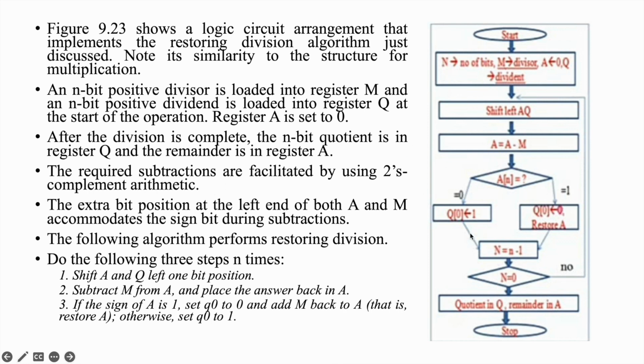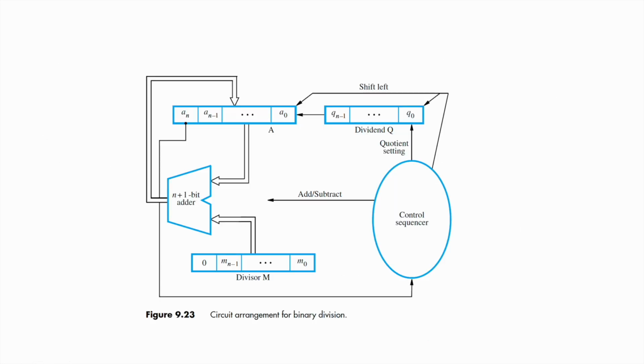In this process, we subtract the divisor from the dividend based on 2's complement arithmetic. We use an extra bit position at the left end of both A and M, which contains the sign bit during the subtraction. That is why in the circuit we have an n plus 1 bit adder instead of an n bit adder.